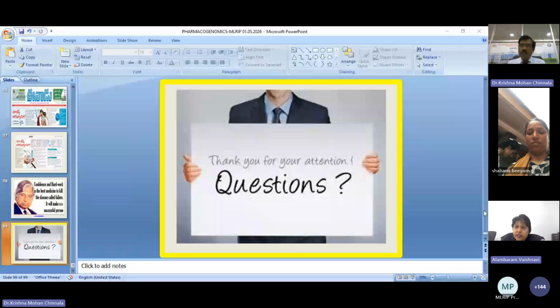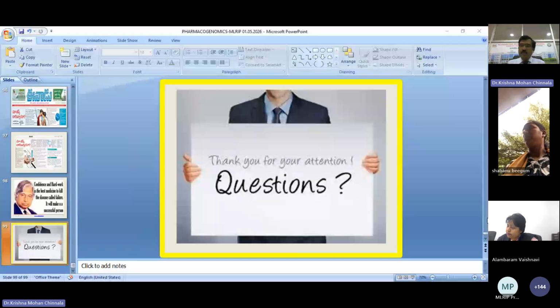Regarding phytoconstituents, of course, the same method that we use for pharmacological evaluation of any new chemical entity, you can follow even for phytoconstituents. But if it is an extract, for example, Chyawanprash, what are the components?